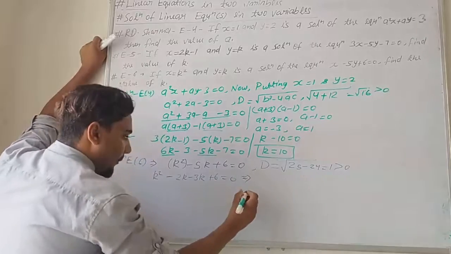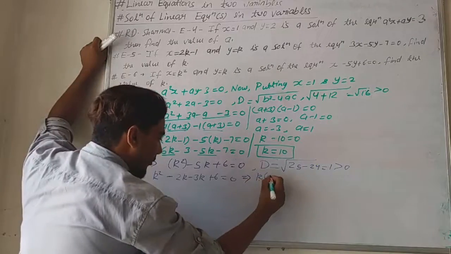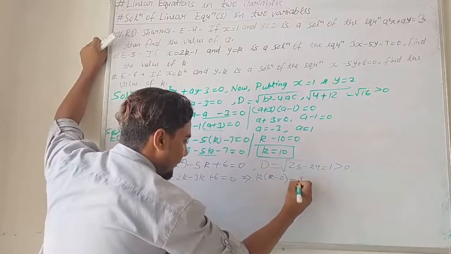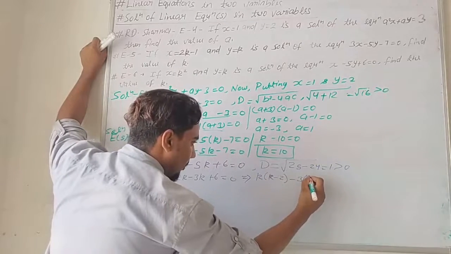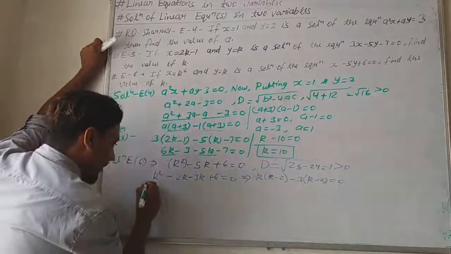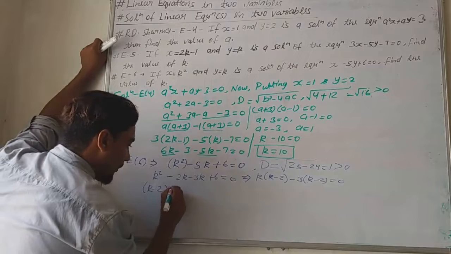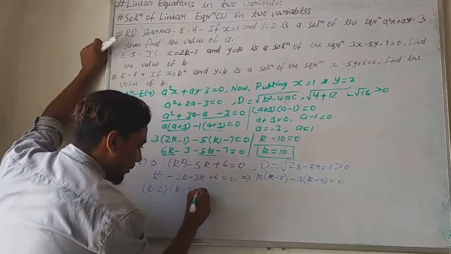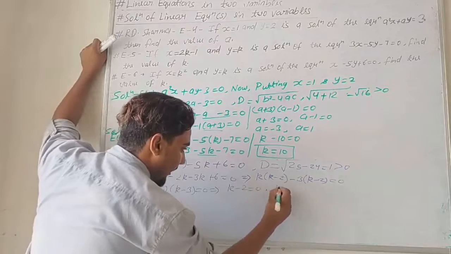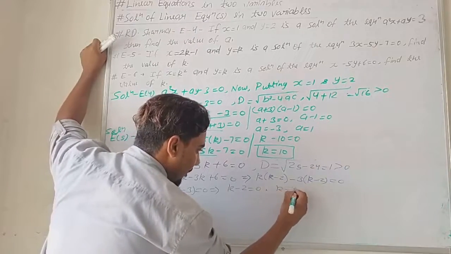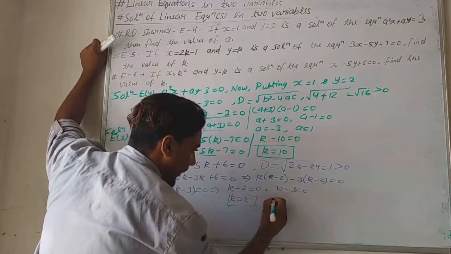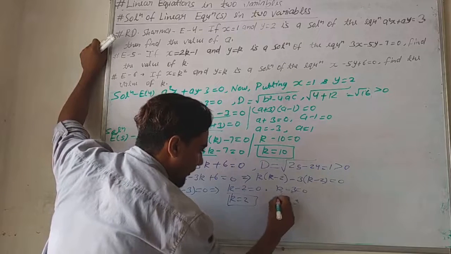And what we get from here, k we do common, k minus 2, minus 3 took the common, k minus 2 equal to 0, and what we get, k minus 2 common and k minus 3 equal to 0. From here what we get, k minus 2 equal to 0 and k minus 3 equal to 0. From here k equal to 2 and k equal to 3 is the answer.